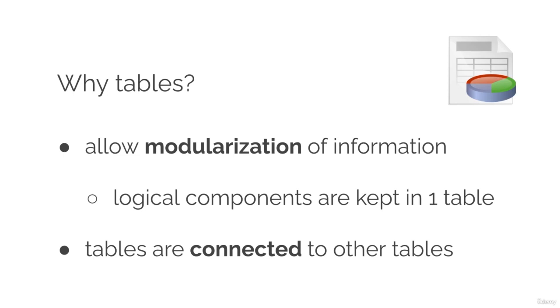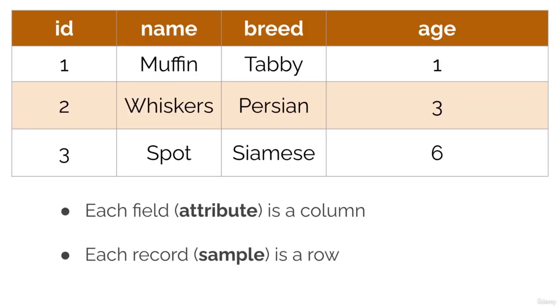Tables are also connected to other tables via keys, because if you have a cat's table, you can access other tables. For example, if your cat table has the column of breed, then you can access a breed table if it exists to get more information about that breed, such as the tabby cat breed.